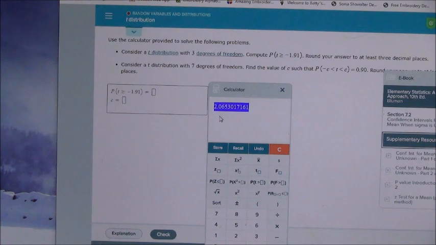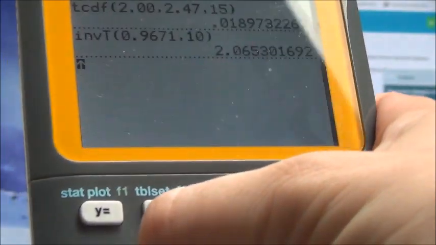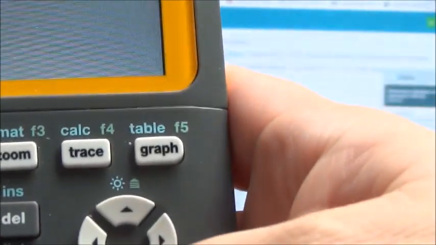So if we look at the next one on our paper, we want to find the t-score so that the area under the curve to the right is 0.8962. So the area to the right is 0.8962. So on our graphing calculator again, we are going to hit the second function button, and then we're going to hit our VARS key to get our distribution menu.